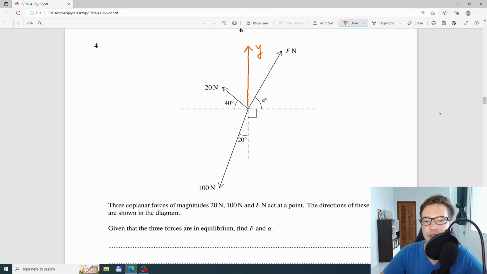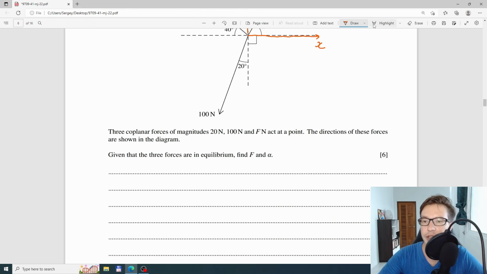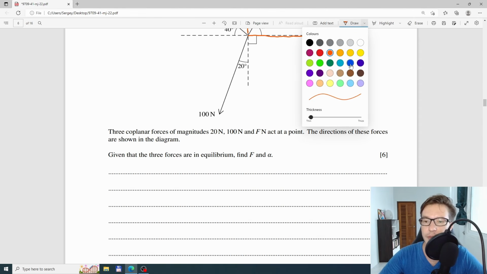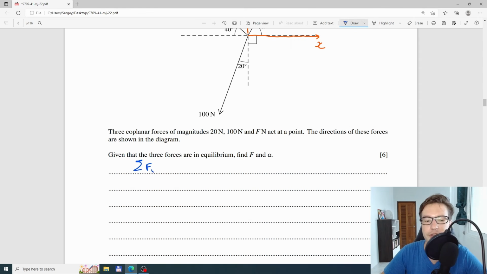Y is pointing upwards, x is horizontally to the right. And now, because all the forces are in equilibrium, that means the sum in direction of x-axis, Fx, must be 0, and the sum of all forces acting on y-axis should also be 0.